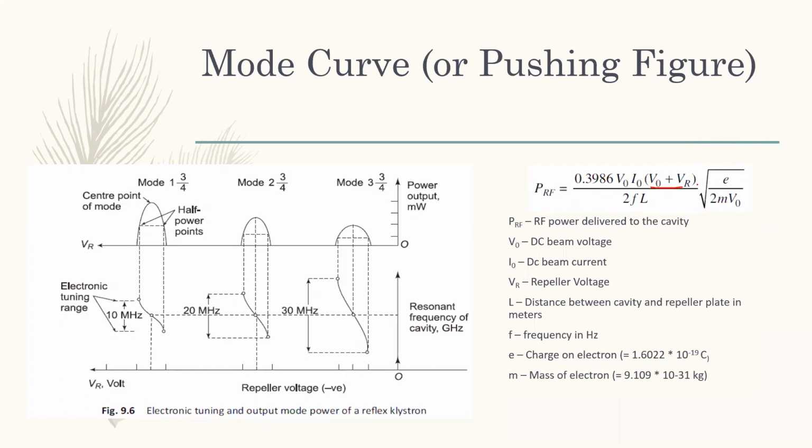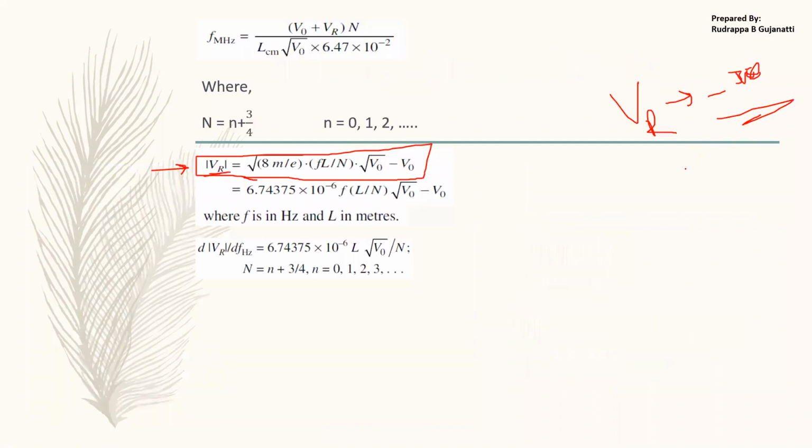So based on the derivation, we get this result. This VR value, only the magnitude you will be using. So this equation is utilized for obtaining the magnitude of the repeller voltage.